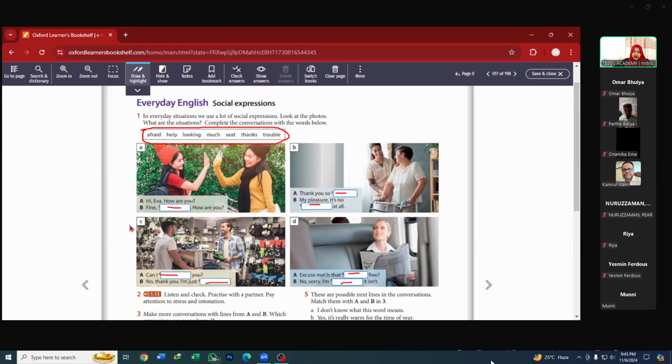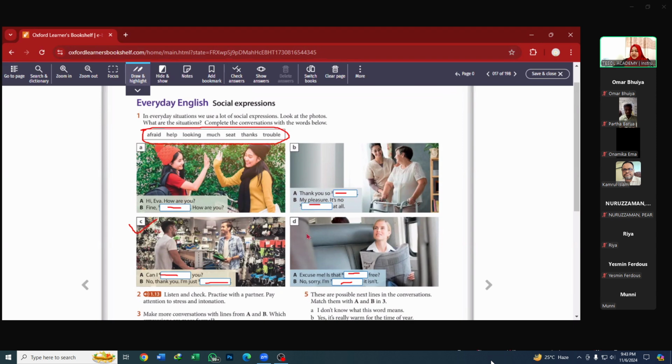Next, in the third picture, that is picture C, we can see that it's a shop and there's a salesman who is asking the customer whether he can assist him with anything or not, or whether he can help him in any way or not. That is what the salesman is asking the customer.